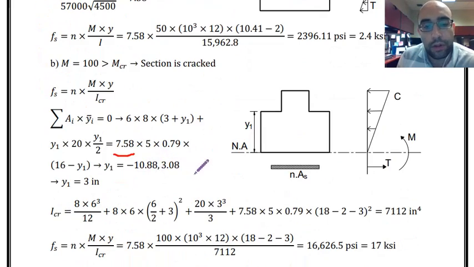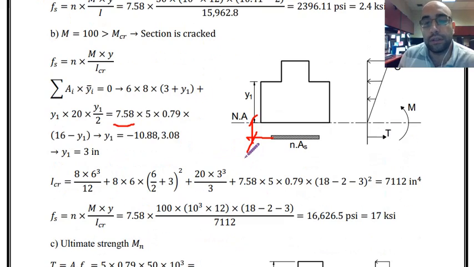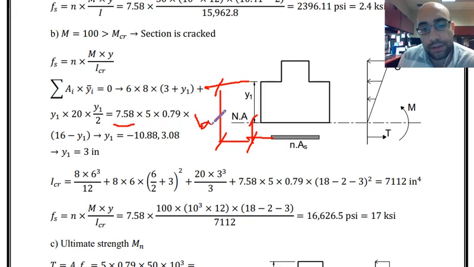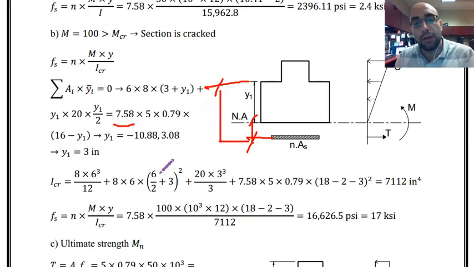And then the only thing that I need to include is the distance from this steel to the neutral axis. That is the distance from the very top, which is equal to 16 minus y bar. That's the distance that I have over here.